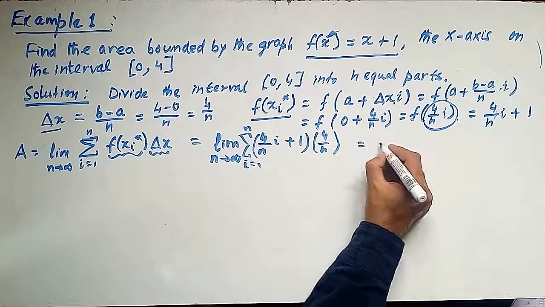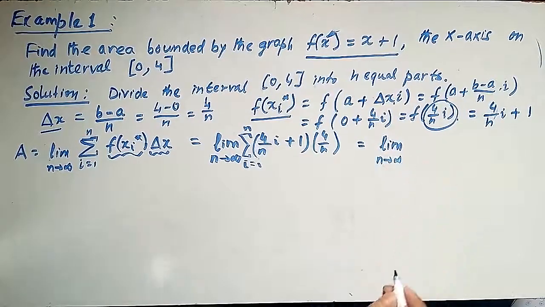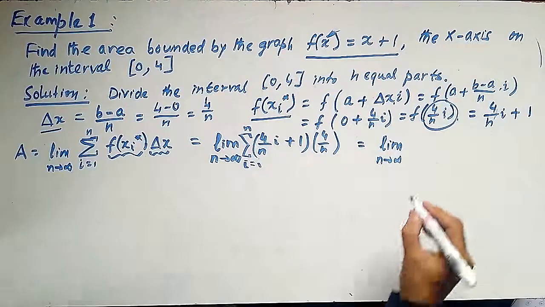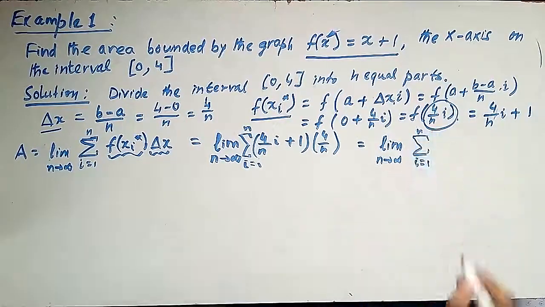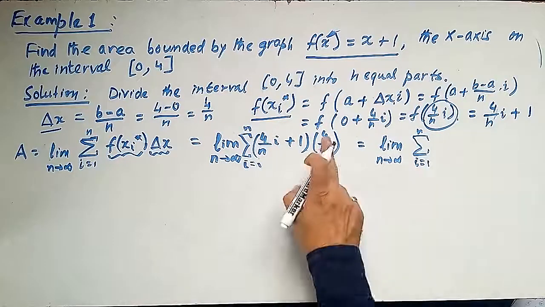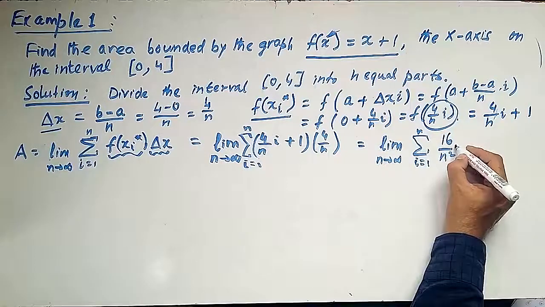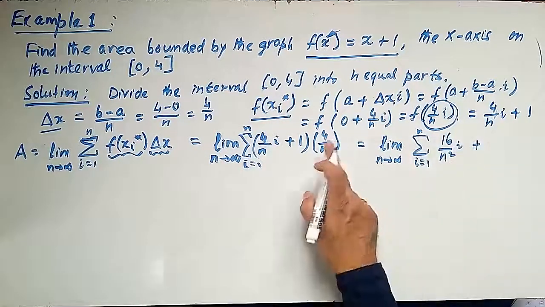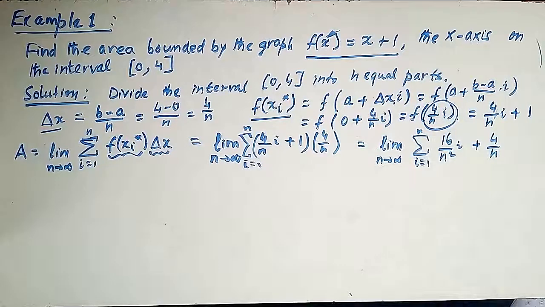This is equal to, again, the limit as n tends to infinity of the summation i equal to 1 to n of 4 into 4, that is 16, n into n is n squared, i, plus 4 by n.